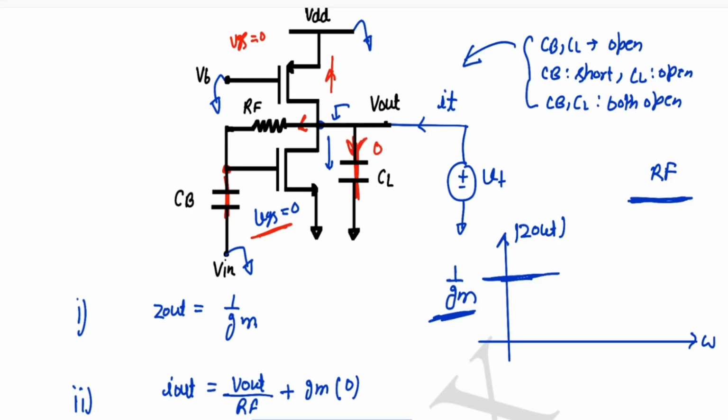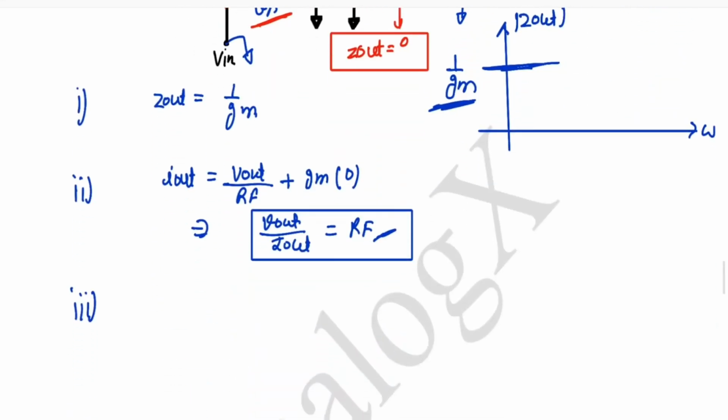There is no path. So what will that impedance be? If we look from here, this is giving a short circuit path. So Z out will be simply 0. In the third case, our Z out will be 0.